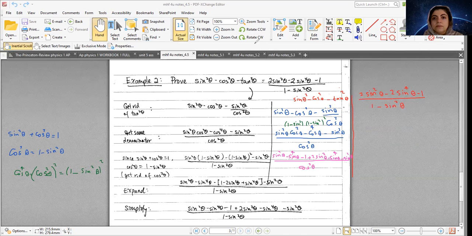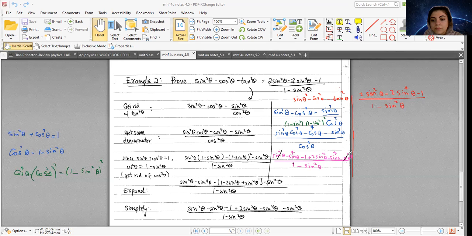Now we can simplify. Instead of the cosine power 2, I need to put what? 1 minus sine power 2, because at the other side, everything is in sine. I need to simplify. See, sine power 2 theta and sine power 2 theta here, one is minus and the other one is positive. They cancel.